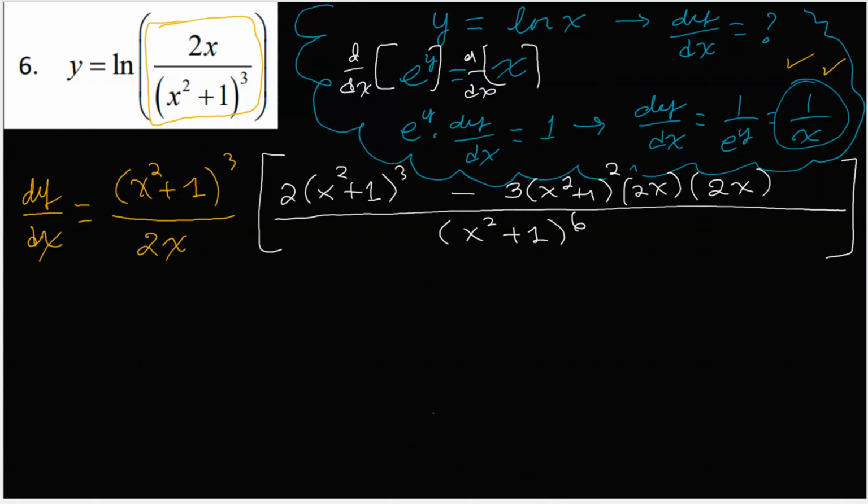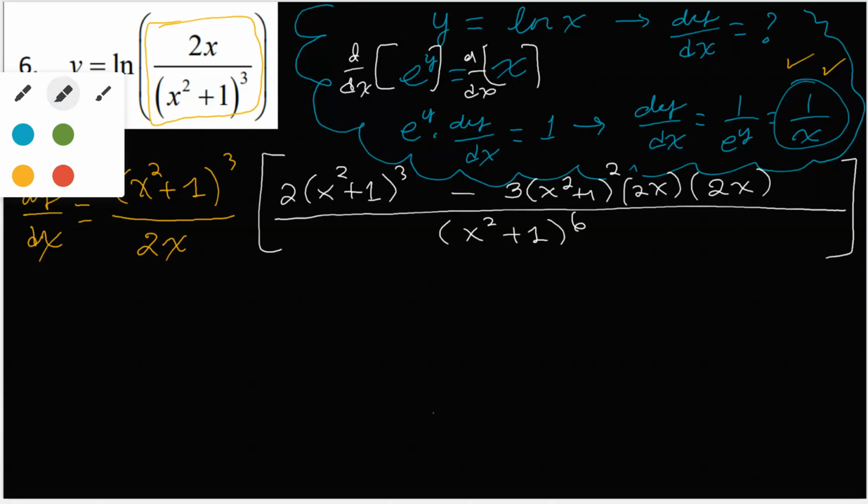And then from here on, we'll just have some fancy algebra to work with, right? You can see that x squared plus 1 to the third and x squared plus 1 to the 6th, this is multiplication, so I can divide.